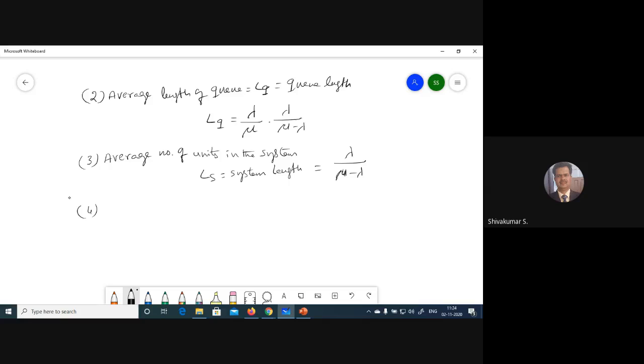Fourth one, the expected length of non-empty queue is equal to LB. So LB is equal to mu by mu minus lambda.